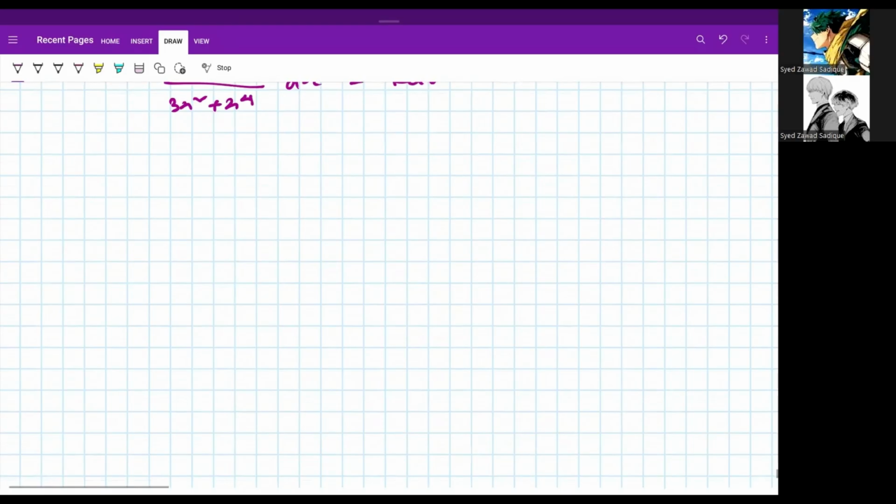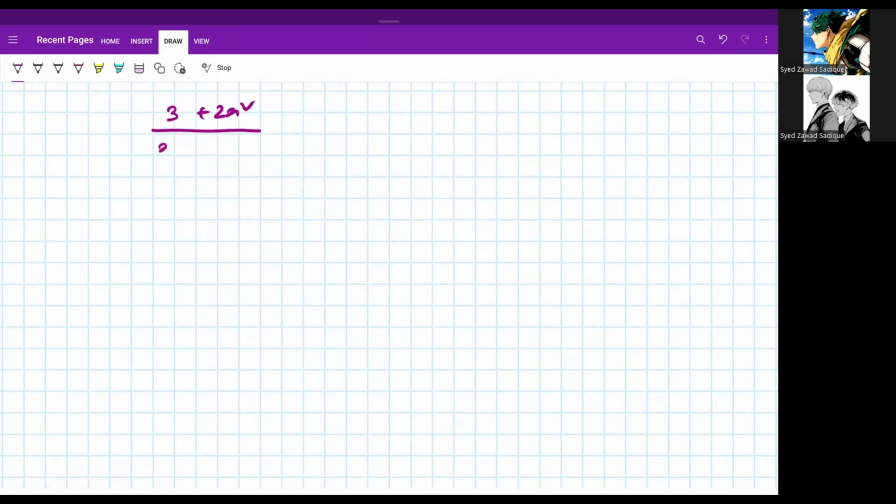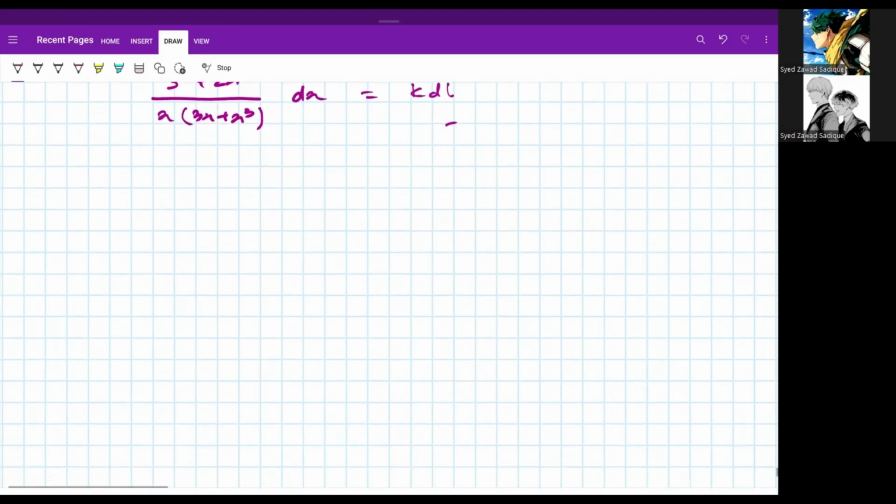Now, what we can do is (3 plus 2x squared) over x(3 plus x squared) dx is equals to k dt.